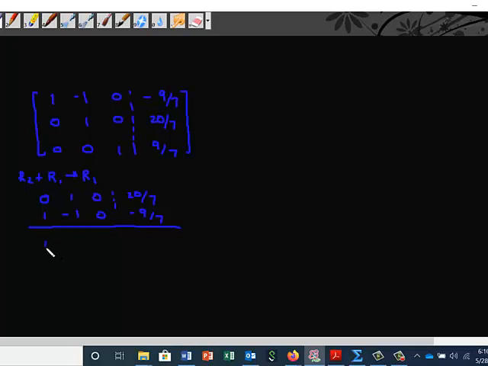Okay, so this will be 1, 0, 0. So 20 over 7 minus 9 over 7, that's going to give us what? It's going to give us 11 over 7. There we go. Solutions.